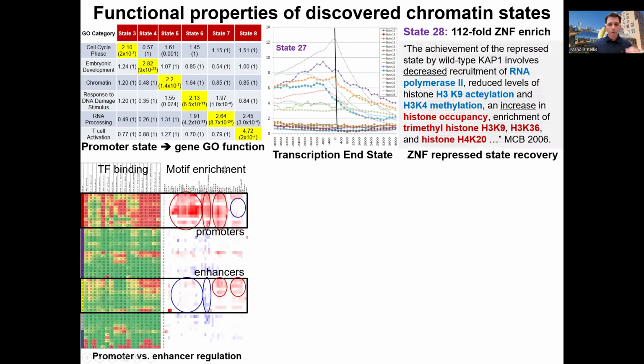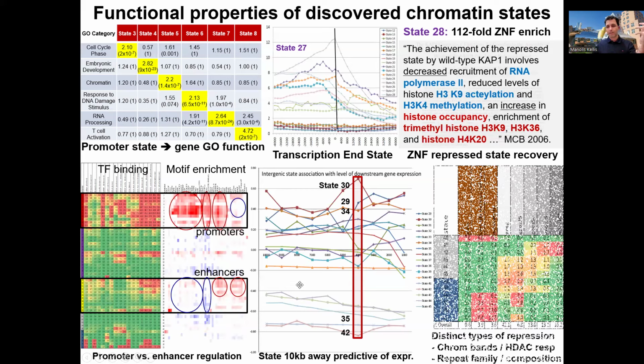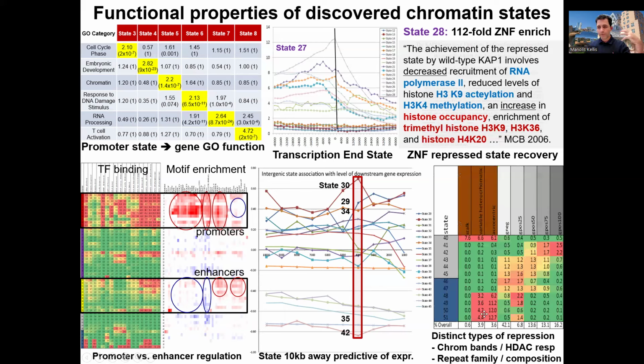So we also found that promoter states versus enhancer states had very different transcription factor occupancy, a very different motif occupancy. We found that even 10 kb away from the transcription start site, you could still predict whether something was going to be expressed just from those distant states. And we found very distinct types of repressed elements. So, not all repressed regions are the same.